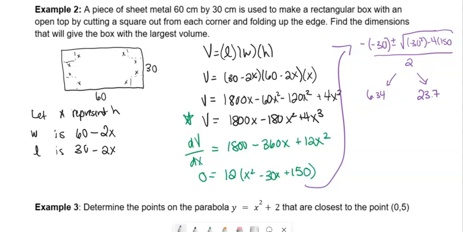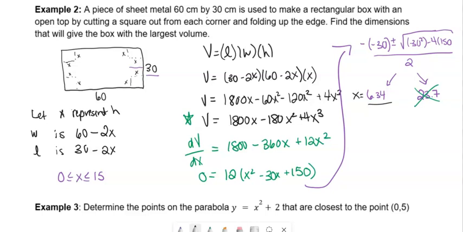Now, if I look at the maximum value over here, and I should have done this before, the possible range for x: x has to be a positive number, and x can't be bigger than 15 because my maximum size here is 30, and so I can't cut up a side and still create a box if it's bigger than 15. That's going to mean that this is an inadmissible answer, and so my final x is going to be 6.34.